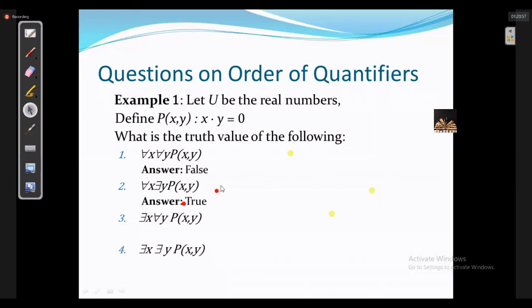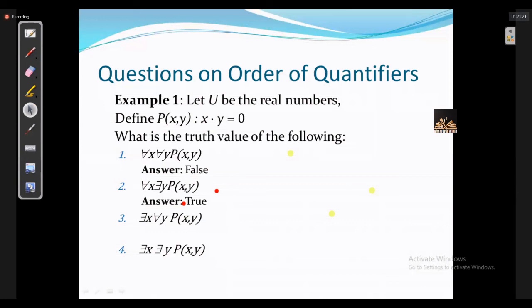Yes, second one, for all x, there exists y. There is some y equal to 0, and for all x values, x dot y is 0. Y equal to 0 only, for all x values becomes 0. In this case, the second example is true.